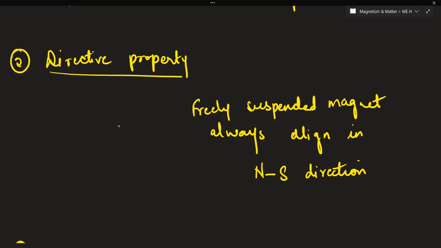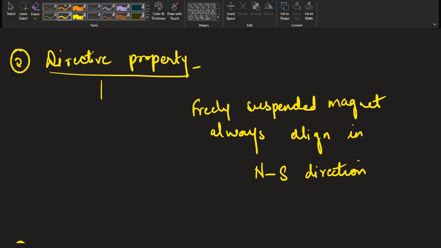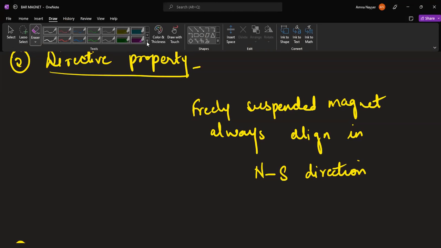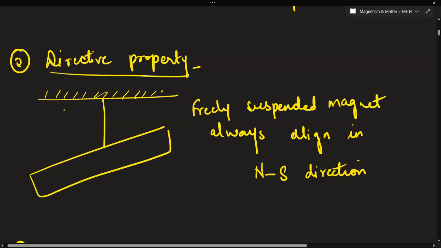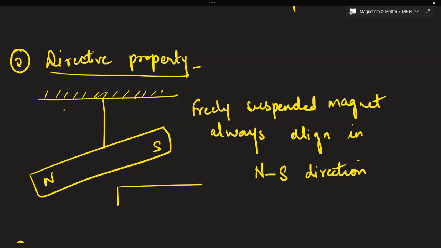Directive property means, if a freely suspended bar magnet is held, let's say north-south, and you leave this freely suspended magnet with the help of a thread tied over a rigid end, it will align itself automatically in the north to south direction.